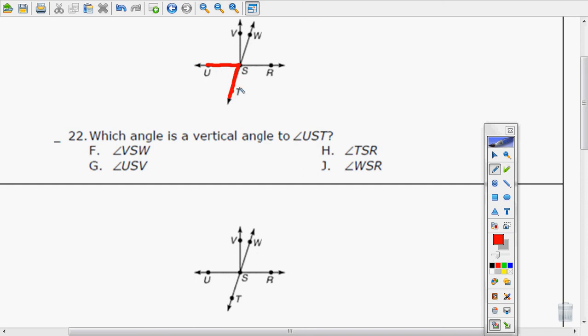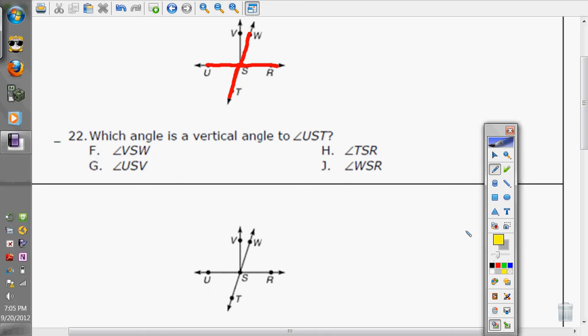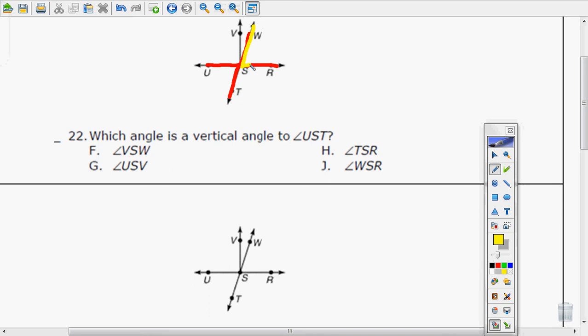And we're looking for its vertical buddy. So if I reflect this V, it'll land right here. And the angle that it lands on is angle WSR, which is this angle right here.